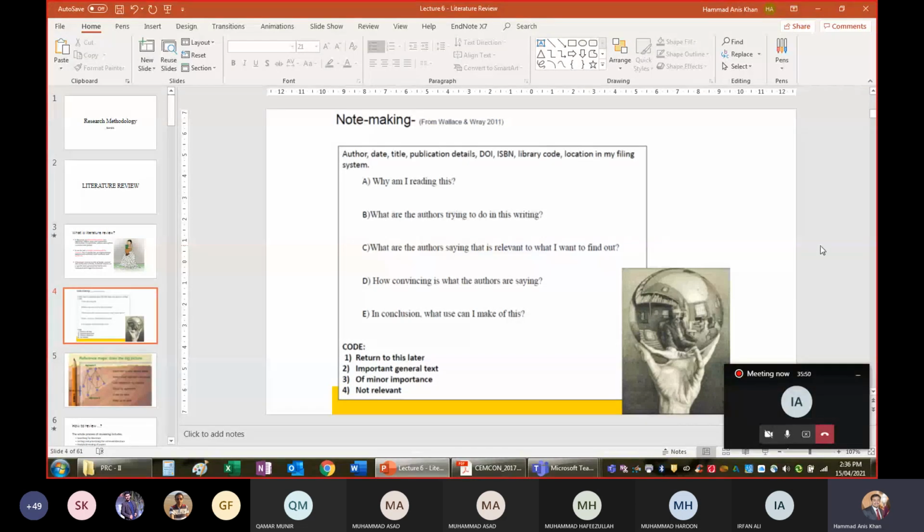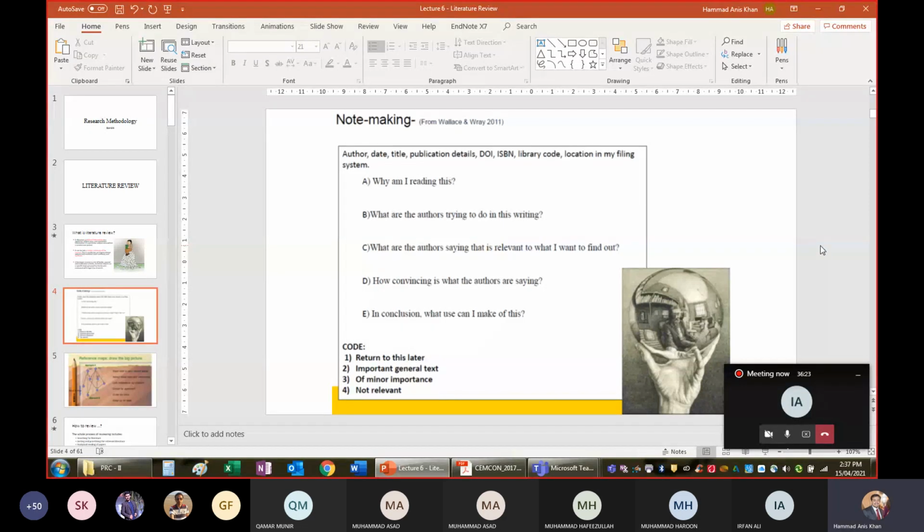First, why are you reading this research paper? What are the authors trying to explain, or what is the problem statement of this research paper? Is this research paper relevant to you or not? How convincing are the authors? And what is the conclusion, and what use can you take from this conclusion?